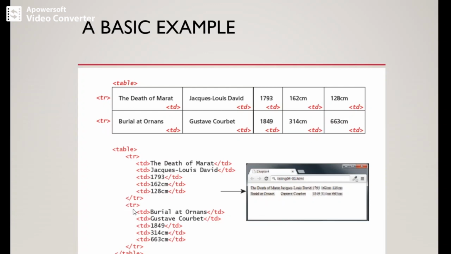Open another tr tag, put all the table data, close your tr tag and finally the table tag. So it appears like this. Look at the output in your browser. The web page appears like this. Exactly, you cannot see the table picture there. I mean the border of the table is not seen, but the data appears in the form of a table.